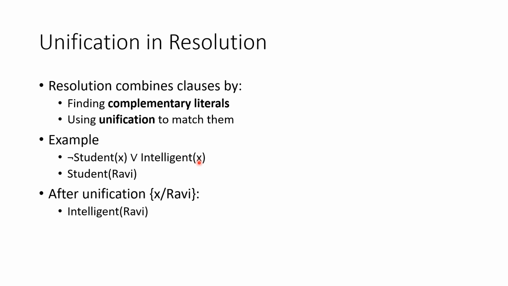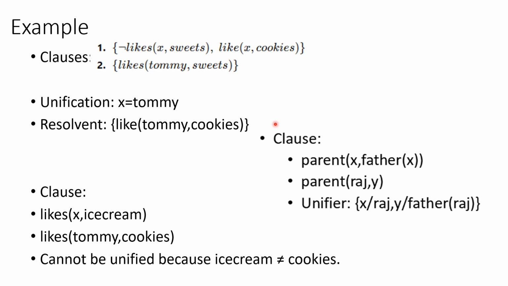So the resolution combines clauses by identifying the complementary literals, unifying them, and producing a resolvent by eliminating the complementary pairs. Here we can see the example. There are two clauses: not likes(x, sweets) or likes(x, cookies), and the second clause is likes(Tommy, sweets). When comparing these two clauses, in the first case we can put x as Tommy.